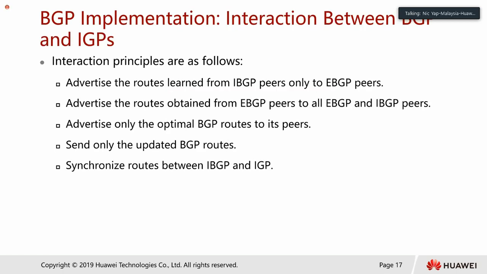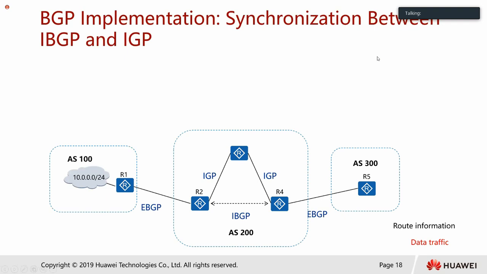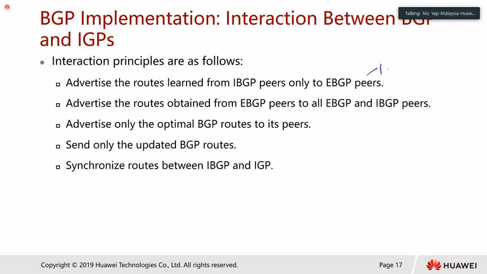The next one is the interaction between BGP and IGP. How do we interact between BGP and IGP protocols? The principle is what I mentioned earlier, but the sequence here is slightly different. It says advertise the route learned from IBGP peers only to eBGP peers. This is how we prevent loops within the AS.